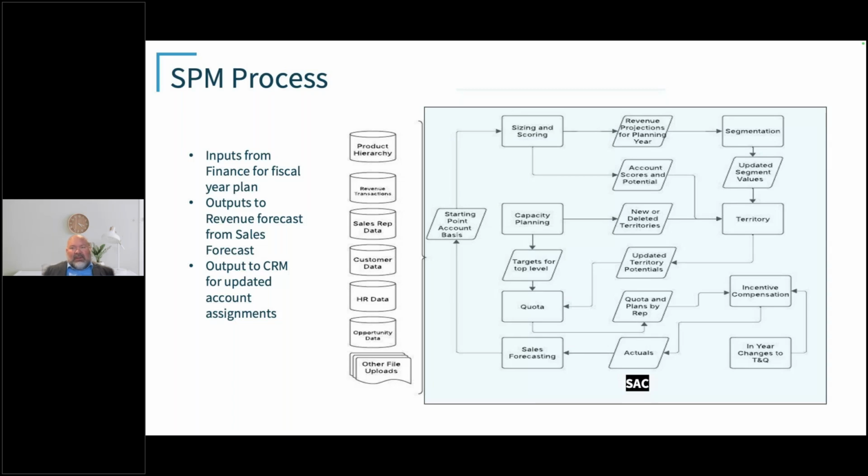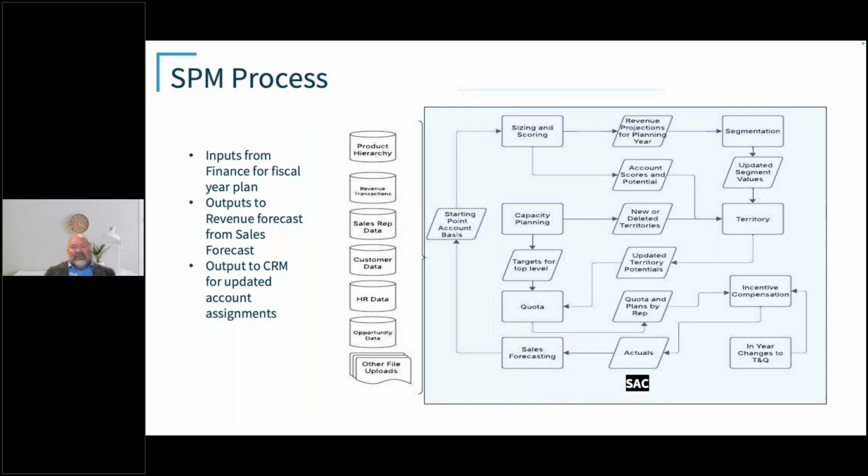But to start the kind of process walkthrough here, I would say sizing and scoring. Hopefully you guys can see my little mouse pointer here. Sizing and scoring is kind of the first area that I would say should be the best practice of most companies. And so as we talk through this, there's really the strategic high-level planning that happens at a company.